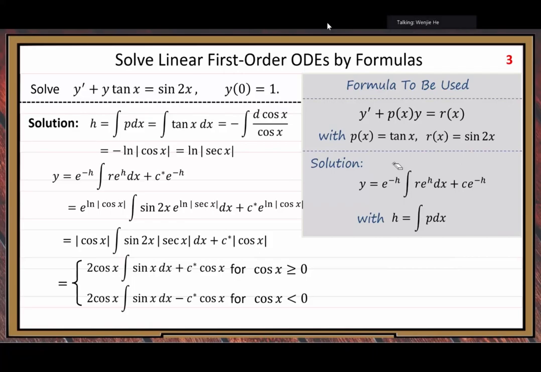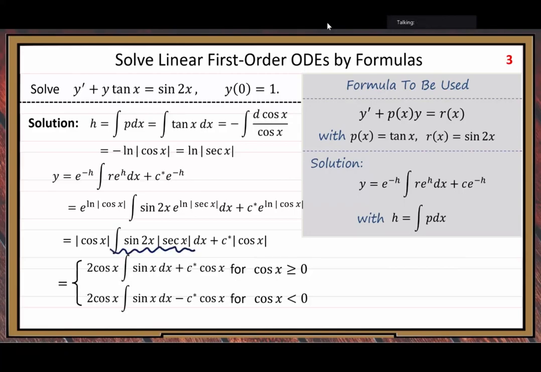The other two places outside the integral operation are no problem, but inside this integral operation you need to be careful, because the situation could be complex at this place.